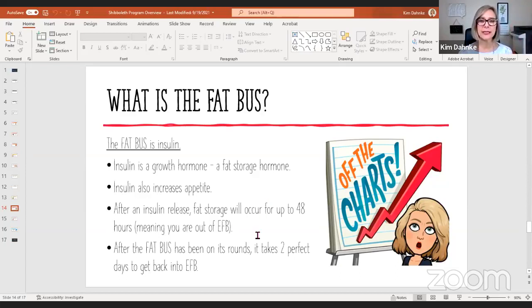After an insulin release, fat storage will occur for up to 48 hours, meaning you're out of efficient fat burning. It takes about 48 hours for that insulin to dissipate out of your body. That's why it takes 2 perfect days to get back into efficient fat burning and get that insulin out of the way. After the fat bus has been on its rounds, it takes 2 perfect days to get back into EFB.